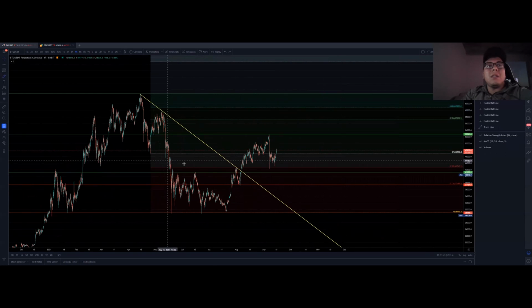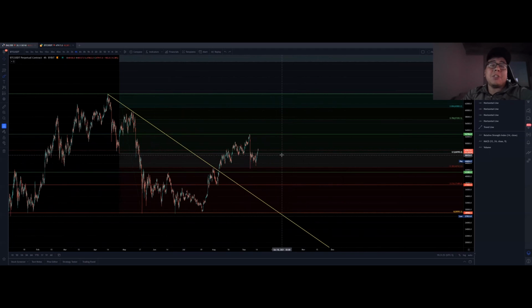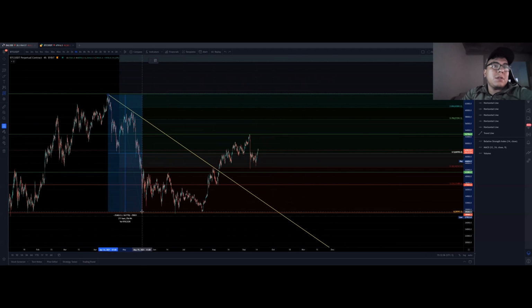So let's just say that it's a good strategic area for us to take a trade from this 0.50, at least to the measure move, which would be, again, from your highest high to your lowest low.